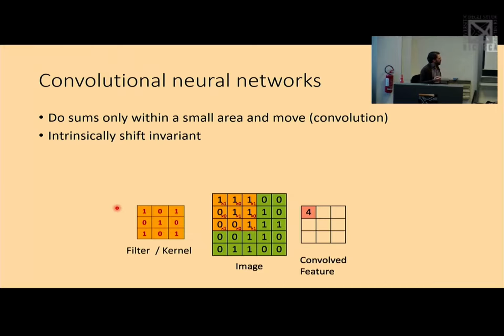This operation is intrinsically shift invariant, and this is of special interest in image processing, because it's assumed, again an assumption, valid up to a point, that everything makes sense in an image in relation to its context, its near and larger context.